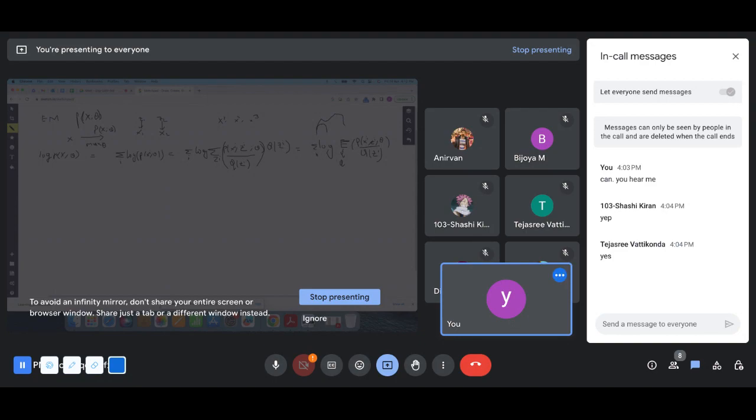There is something called Jensen's inequality.